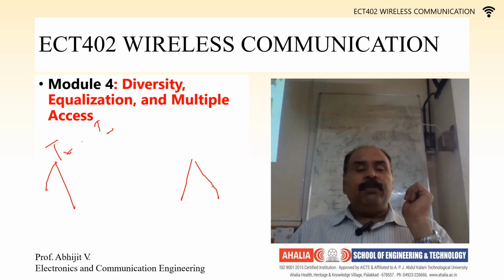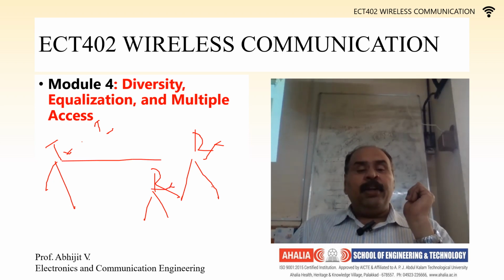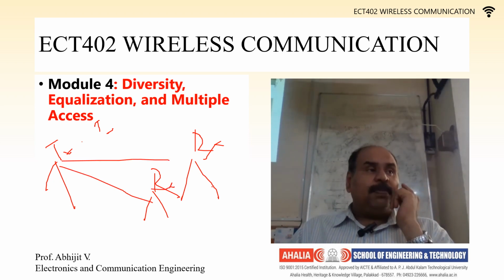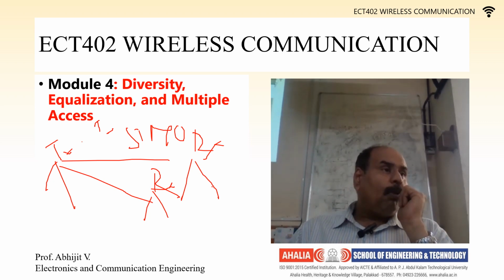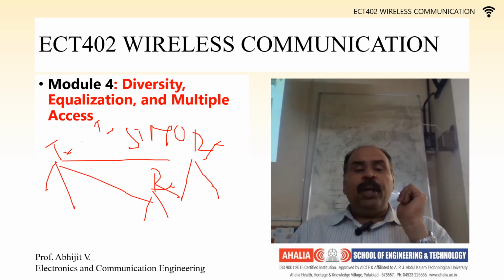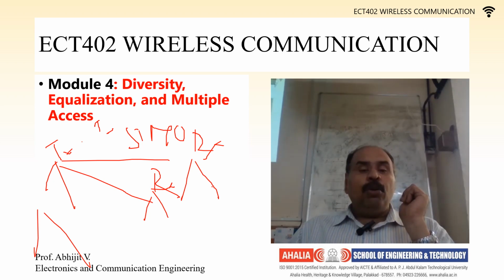If you have multiple receivers and the transmission is happening in this fashion, you call it as single input, multiple output, SIMO. If you have multiple transmitters but a single receiver, you call it as MISO, M-I-S-O.